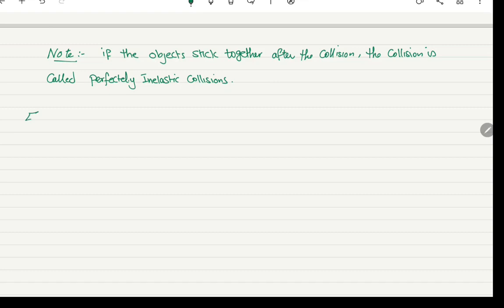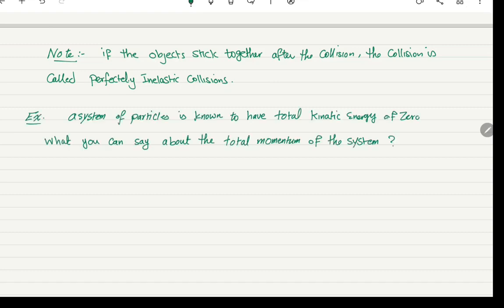Example. A system of particles is known to have a total kinetic energy of 0. What can you say about the total momentum of the system? Remember, kinetic energy is related to the velocity. Kinetic energy is equal to half m v squared.